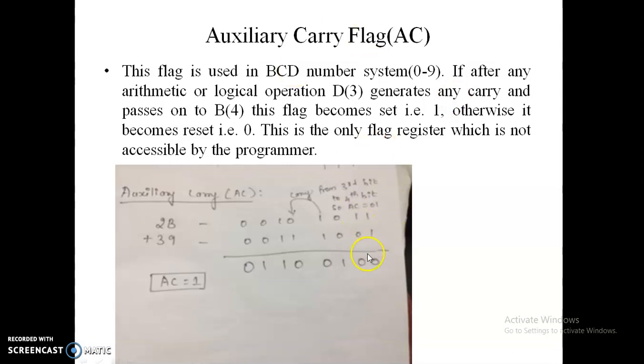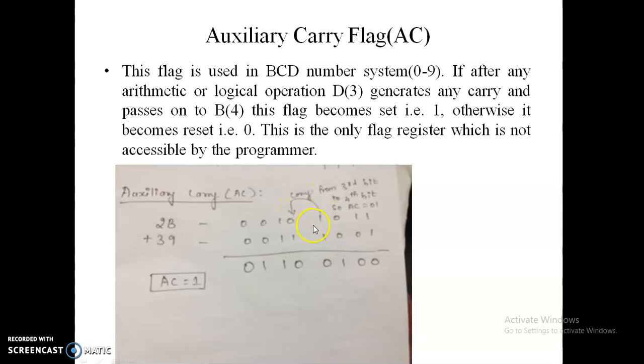So adding these two, 1 becomes 0, and the balance 1 is placed here. Now this is the 0th bit, this is the first bit, this is the second bit, this is the third bit. So adding these two ones, the output of 1 plus 1 is 0 with carry 1. So I place the 0 here, and the carry goes over there.